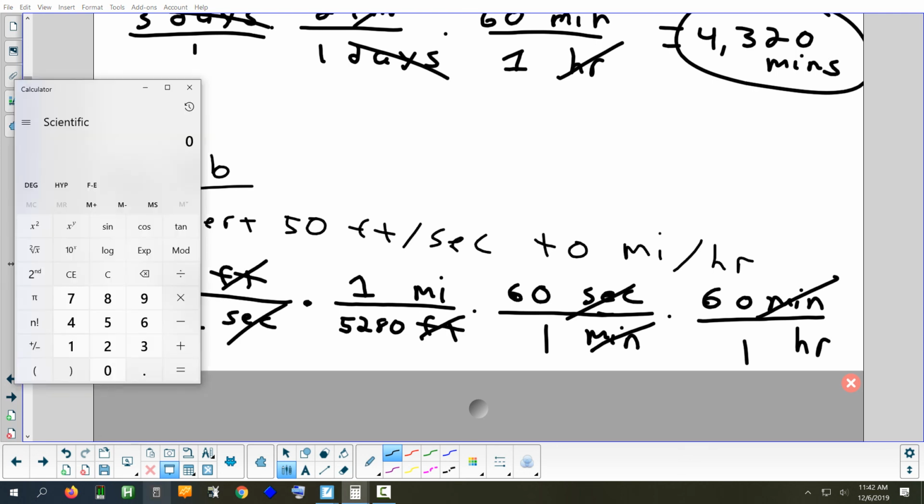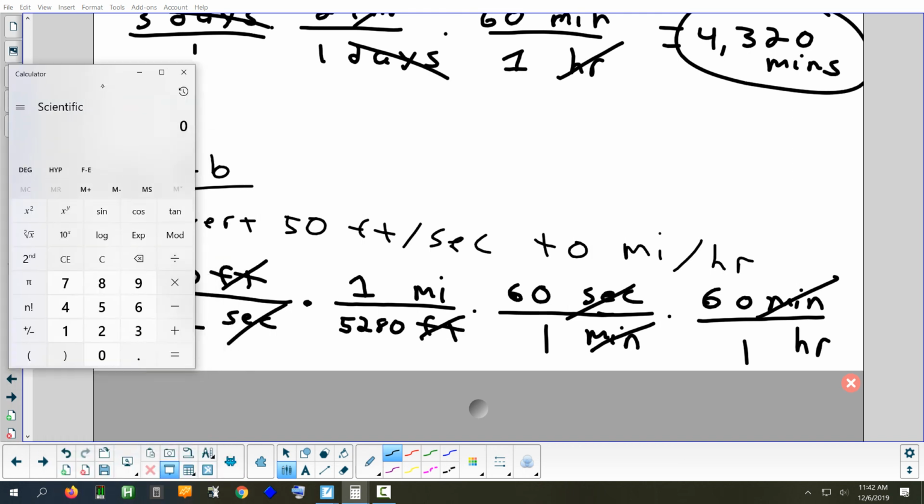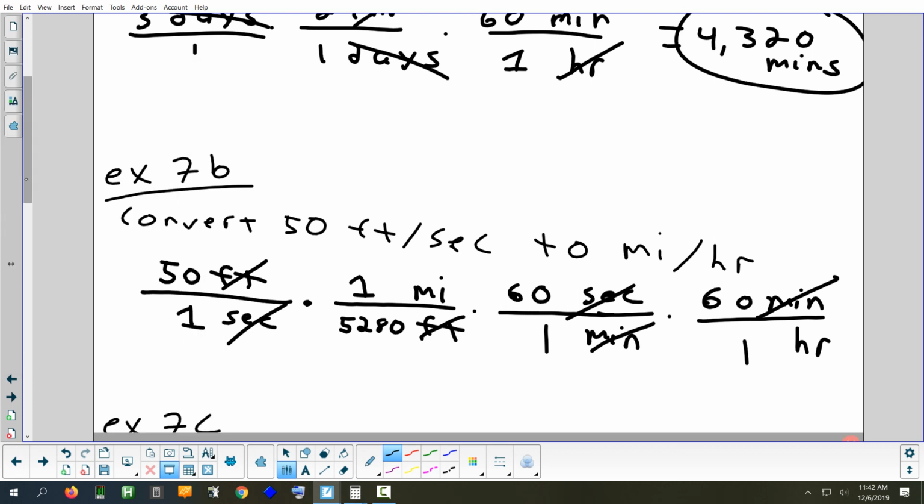So if you're traveling 50 feet every second, that's 50 times 60 times 60 times 60 divided by 5,280. So that's 34.1 miles per hour.